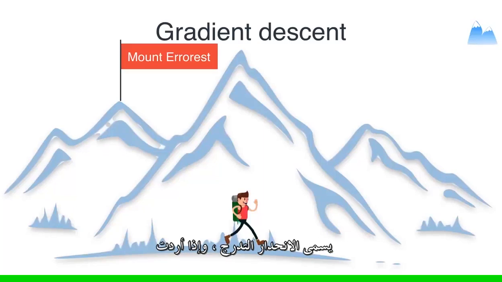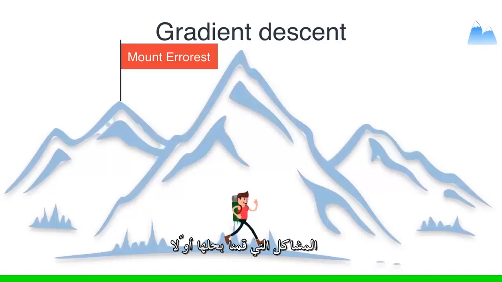This algorithm is called gradient descent, and if you like math, what we really did was we looked around us, we took the derivative or the gradient of our height function, and then the gradient pointed at the direction where we decrease the most, and then we take a step in that direction. In the previous cake example, we took the derivative of our distance to the cake, and that points to the direction that we decrease the distance the most, and we keep doing that. That's why it's called gradient descent.